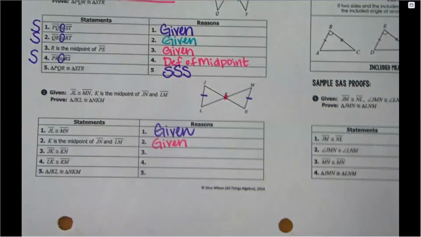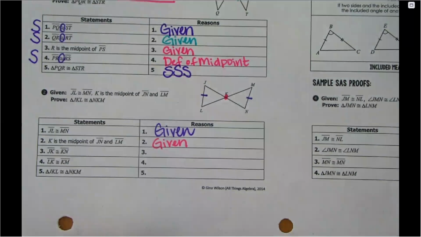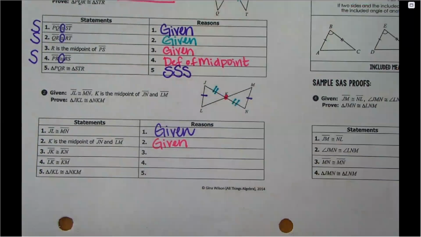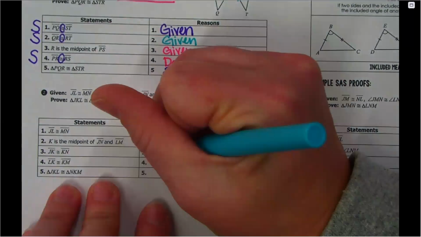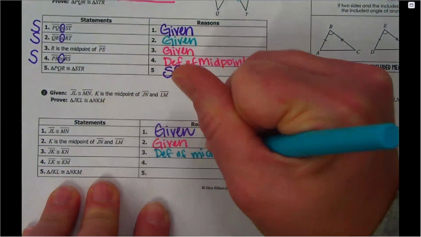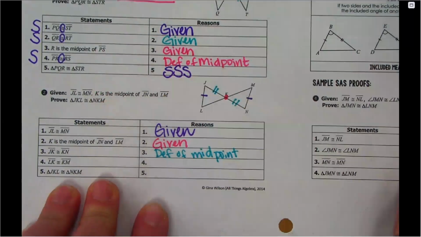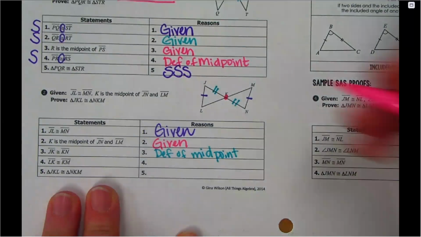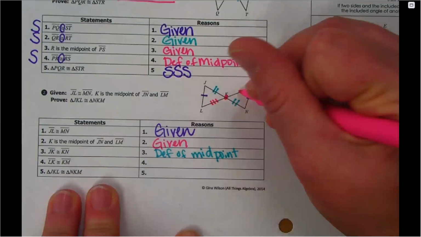That's right. JK and KN. You know that because of the definition of the midpoint. What about number 4? LK and KM. That one's also the definition of midpoint.